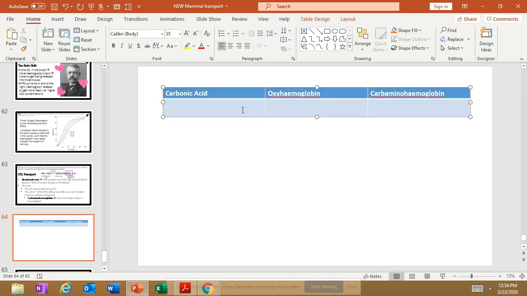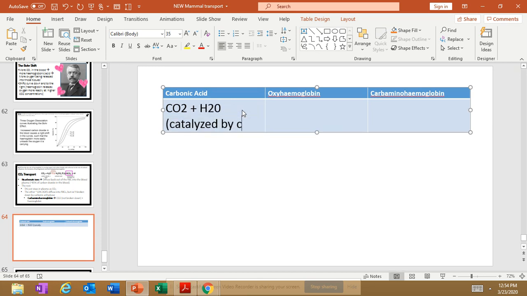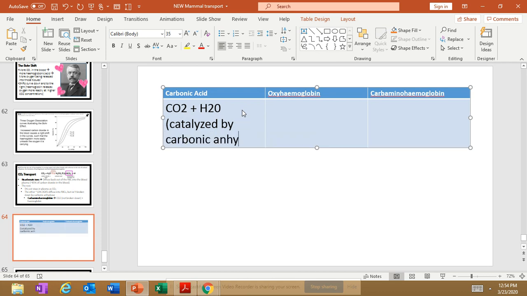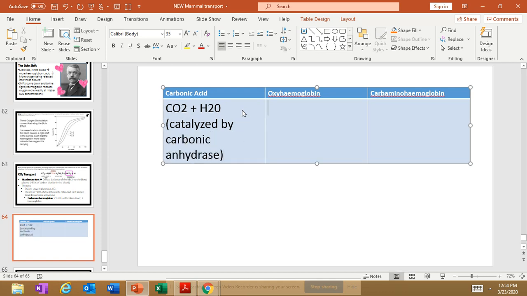So carbonic acid is CO2 plus water catalyzed by carbonic anhydrase. Oxyhemoglobin is just hemoglobin plus 4 oxygen molecules. It's a happy hemoglobin.